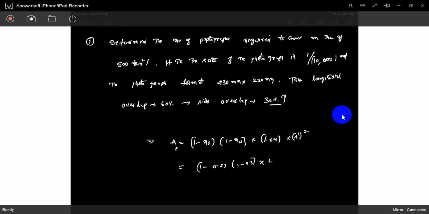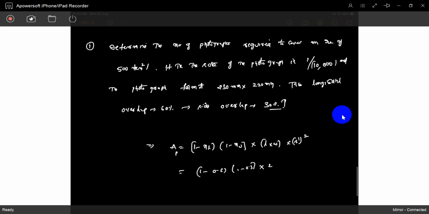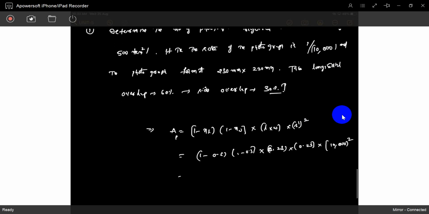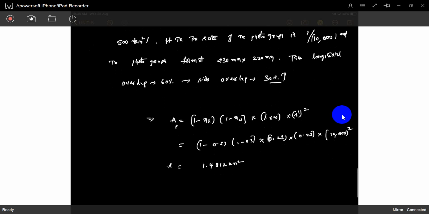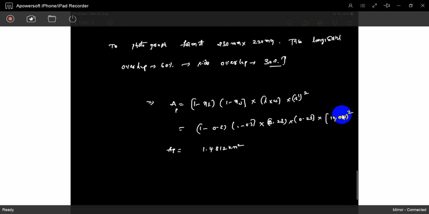Photograph size, we write in meters or kilometers, you can take anything: 0.23 by 0.23. Scale opposite to scale squared, 10,000 whole square. Converted into kilometers, it is 1.82 kilometers square. That is the area of photograph effectively covered on the ground.